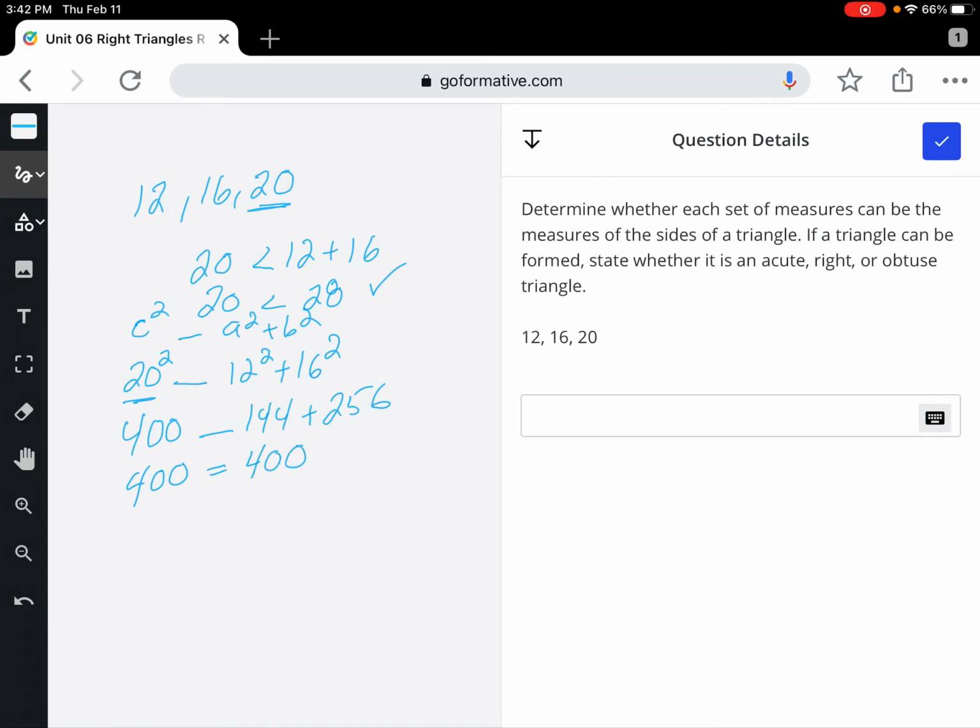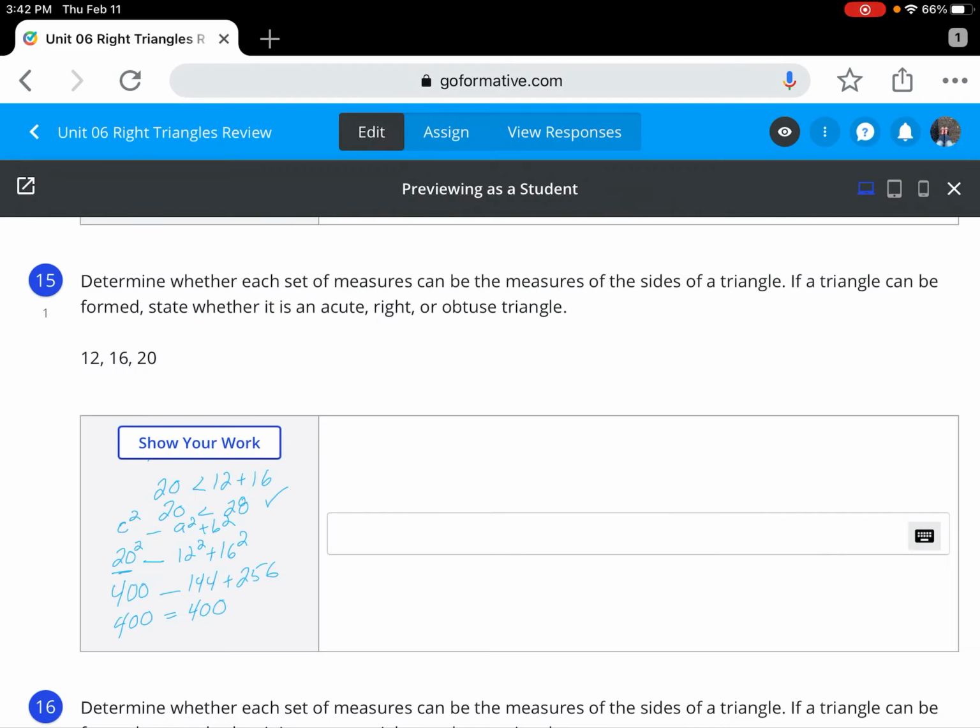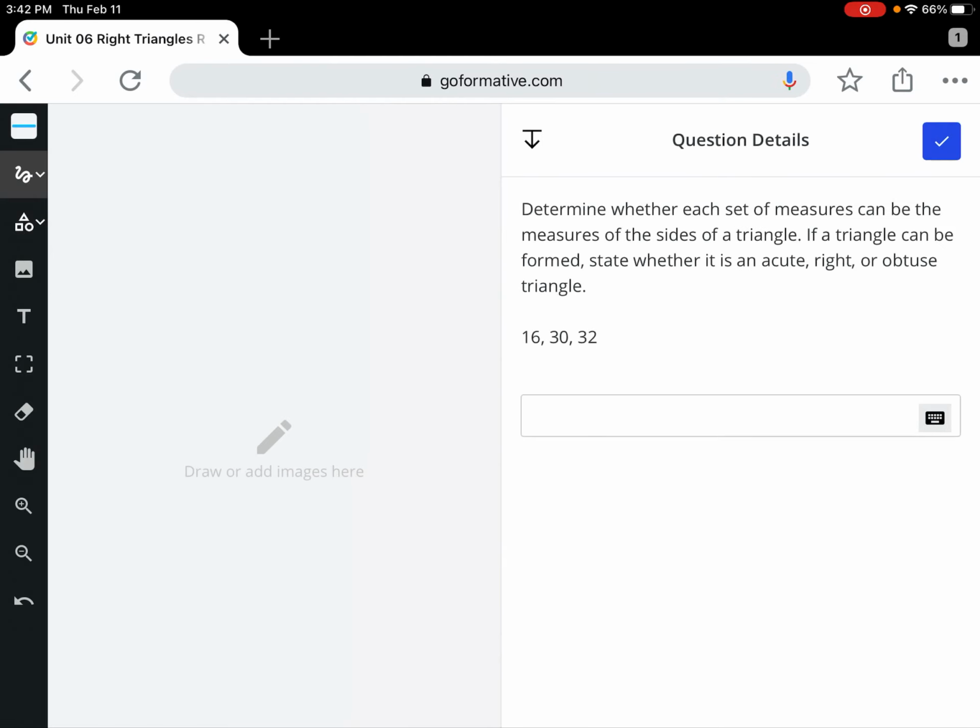That's 400. This is 400 is equal to 400. So this must be a right triangle, because when you do Pythagorean theorem, they are equal to each other. All right, to the next one.